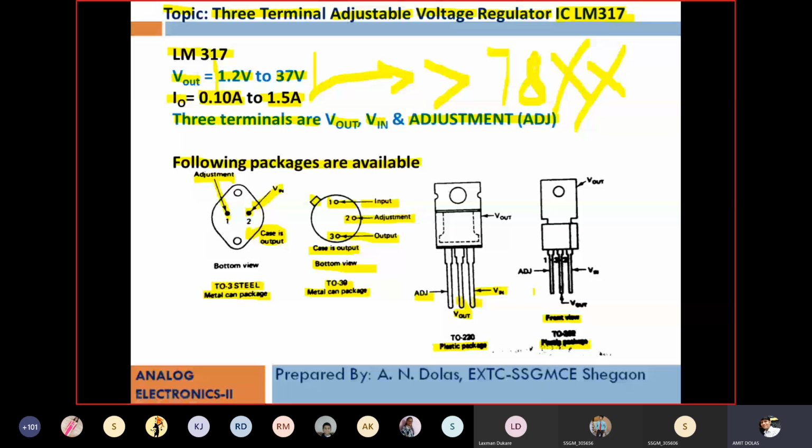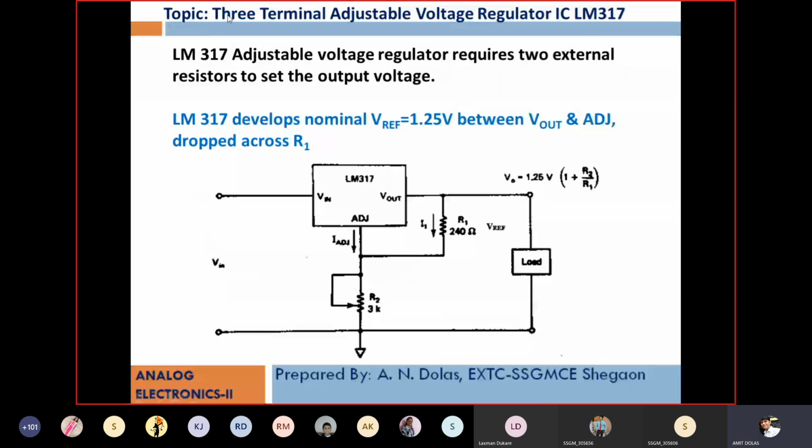Pin configurations are different. If you don't remember the pins while writing an answer or solving a numerical, please remember these labels: first is adjustment, second is output, third is input. Now the 3 terminal adjustable voltage regulator configuration.